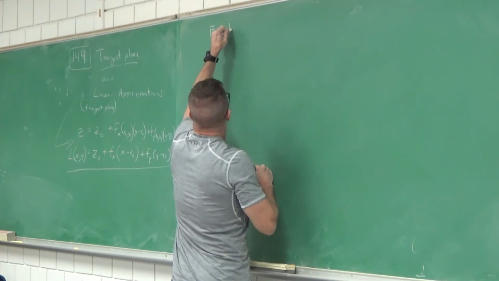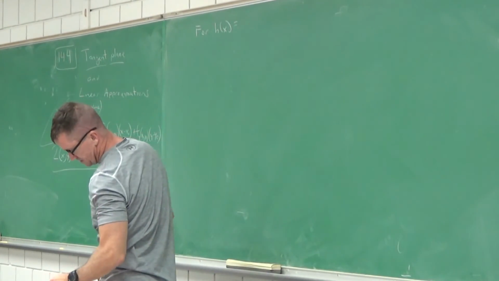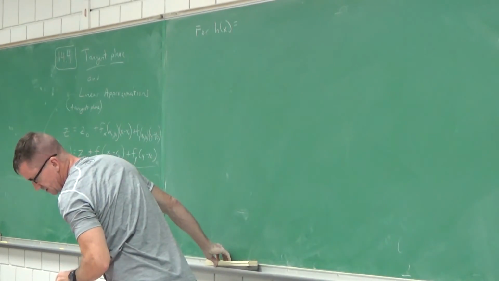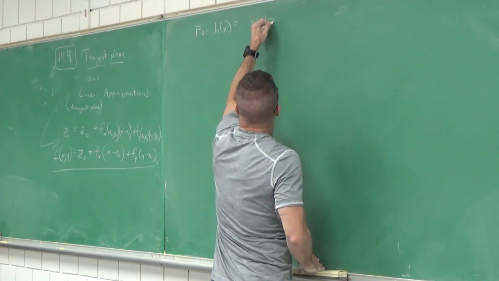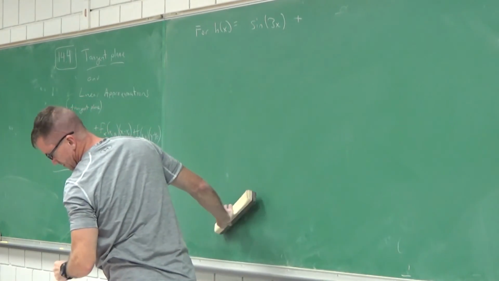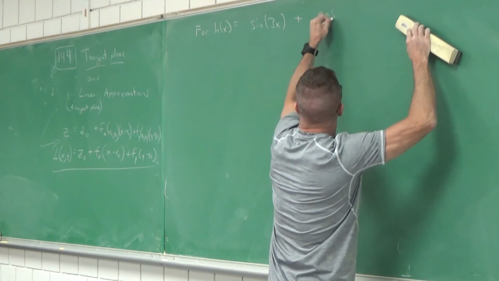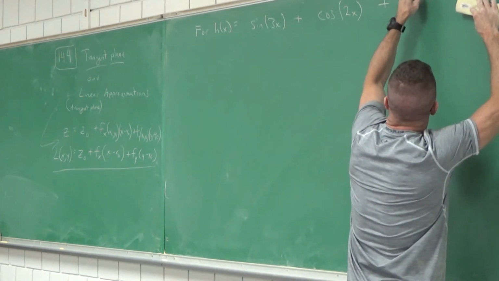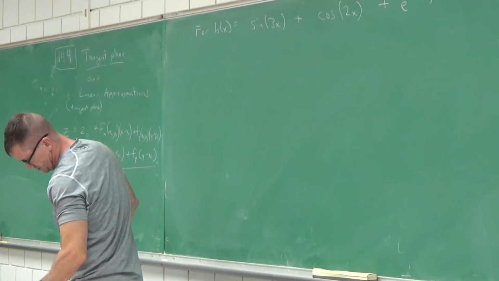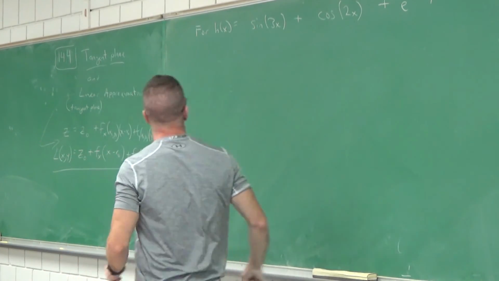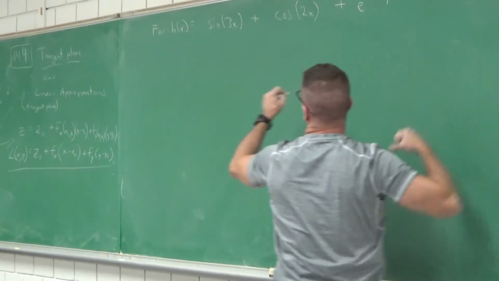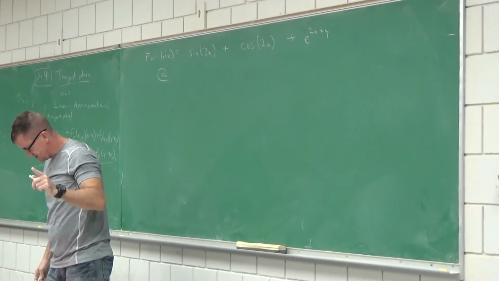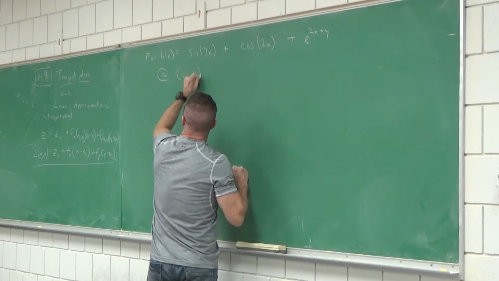All right, try this one. For h of x, y equal to, how about, sine of 3x plus cosine of 2x plus e to the 2x plus y, at the point, so this is interesting, they only gave you the x and y.